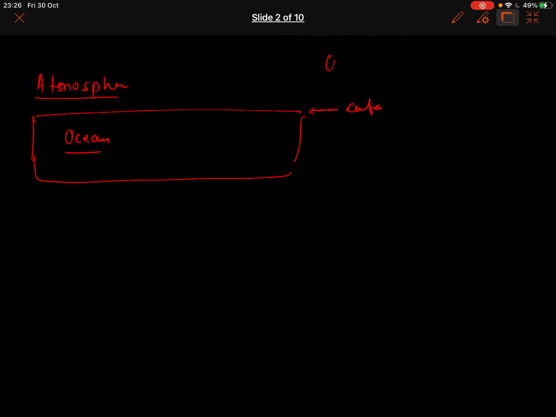There is also a continuous exchange of gases between atmosphere and ocean. The ocean absorbs some gases from the atmosphere and vice versa.